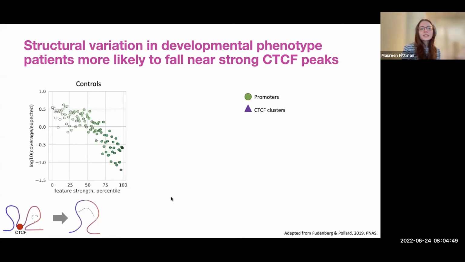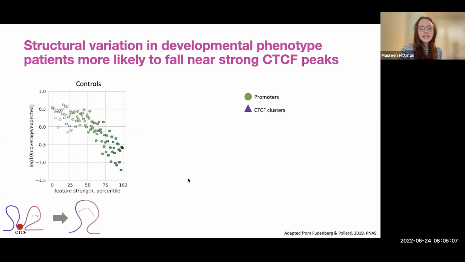And so given that we've seen this pattern happening before in development, we're interested in understanding what role 3D genome folding and chromatin conformation could have in other developmental disorders as well.